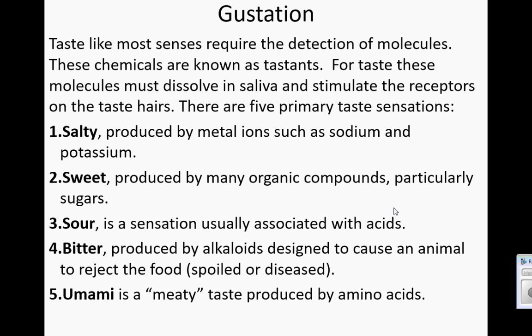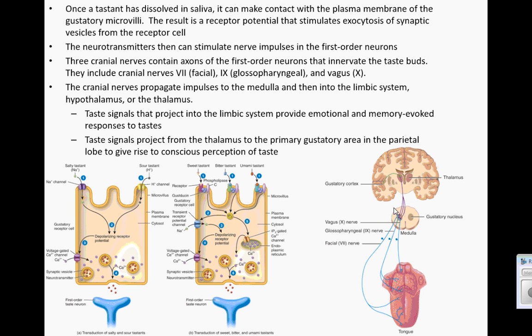Bitter is produced by alkaloids, designed to cause an animal to reject the food, as in it's spoiled or diseased. And then umami, which is a meaty or savory taste produced by amino acids. It's a Japanese word, umami. Now, you would all agree that there are plenty more tastes out there than just those 5, right? Everything is just a combination of those 5.